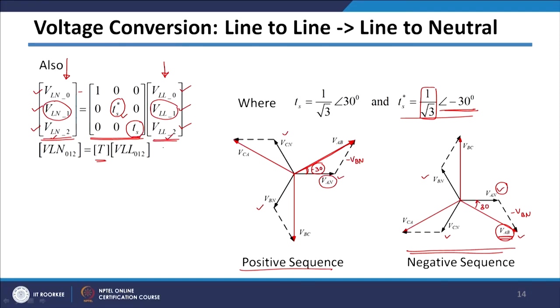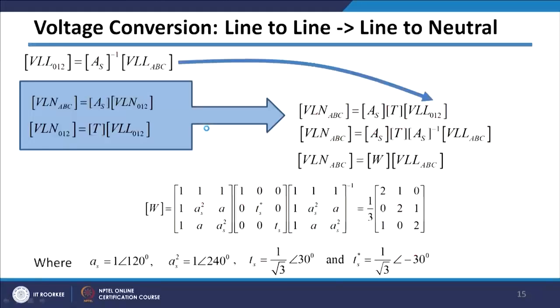So the transformation matrix which converts your line to line sequence quantities to the line to neutral sequence quantities is given by this matrix T here, and this matrix T is nothing but this matrix here, whose TS and TS star are given by these relations, and I am calling this relation expression number 3, and these 3 relations, 2 on the last slide and this one I am taking on this slide.